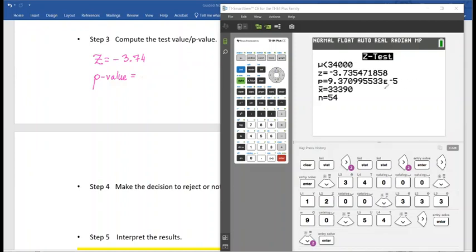Just pay attention to scientific notation. So I round to the first non-zero digit. So I have 1, 2, 3, 4, and 9 is the first non-zero digit. That's a very small value. And this is all I need. Keep in mind Z and P value. Okay, and now I'll be able to make a decision and interpret the results.